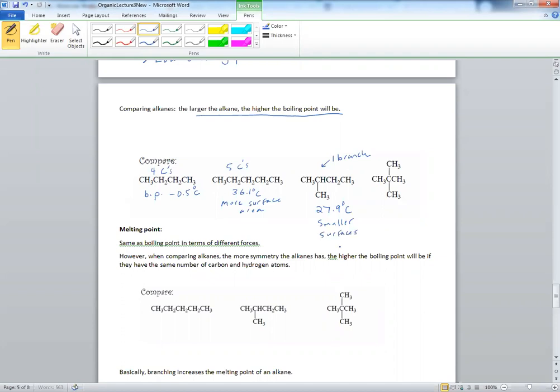I'm going to show you the last one. In the last one, the boiling point is really 9 degrees Celsius.